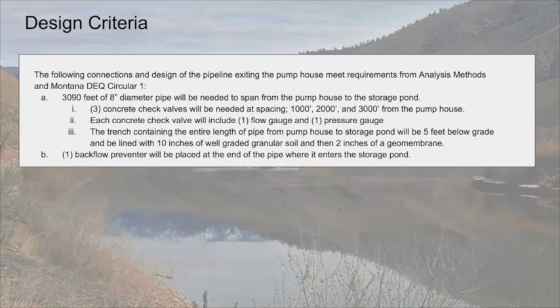The last thing in the design criteria was going from the pump house to the storage tank, in which we had to have check valves stationed at 1,000, 2,000, and 3,000 feet due to the long nature of our pipeline.